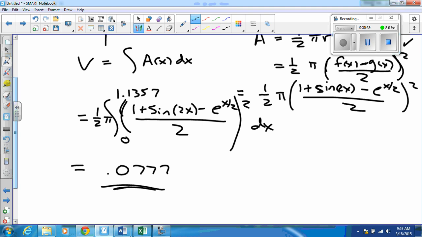Lindsay, you found that. 1.5 is bigger than 1. When you integrate it with that, probably you have too many parentheses.